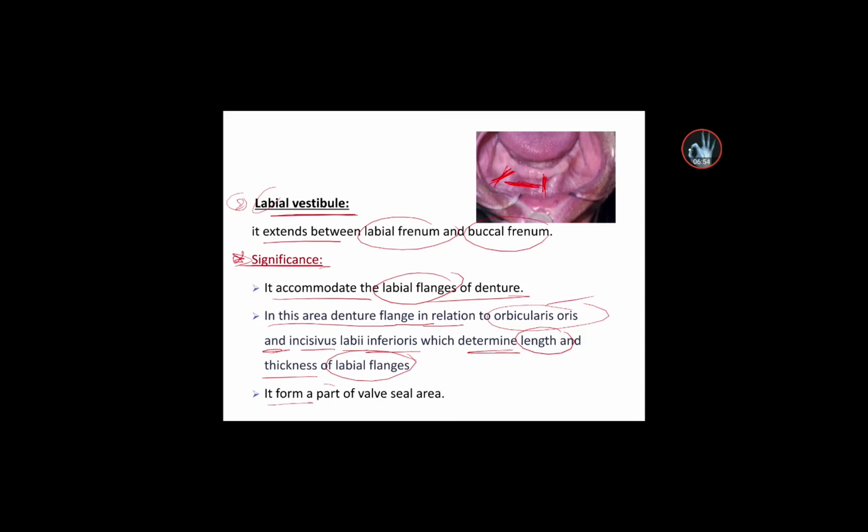It forms a part of the valve seal area. يعني هي أصلا كمان تهمنا إنه تسوي زي الصمام، أو يعني منطقة إنه يصير فيها sealing area، منطقة التحام. اوكي، يصير فيها التصاق ويصير عندنا في retention، في تماسك في الدنشر، عشان كذا ما يطلع لفوق وينفك يعني.